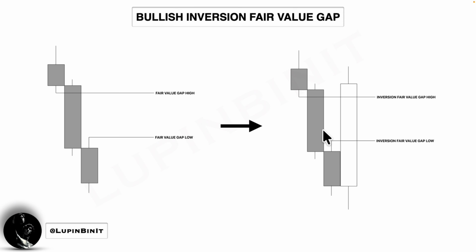And once this ends up occurring, the use of the PDA array ends up being flipped. So the use of this bearish fair value gap is flipped. Instead of this bearish fair value gap being utilized as resistance, it is now going to be utilized as support. And if you've been paying attention, you can come to the observation that the formation of the bullish inversion looks awfully similar to the formation of a bullish order block.